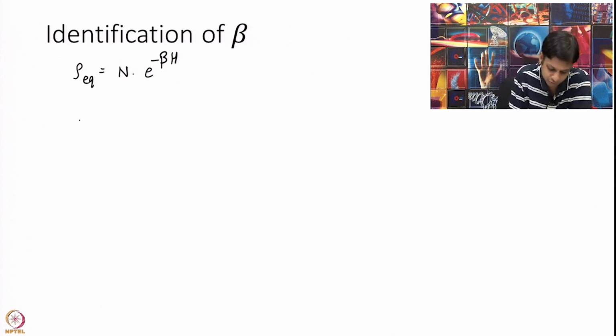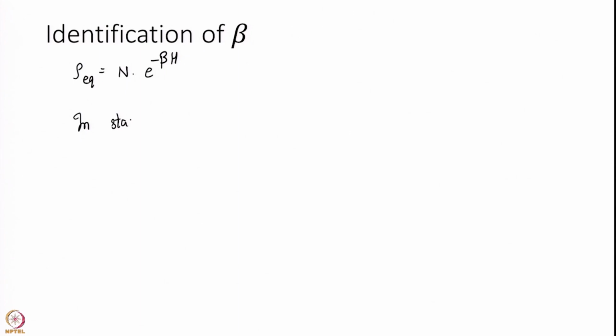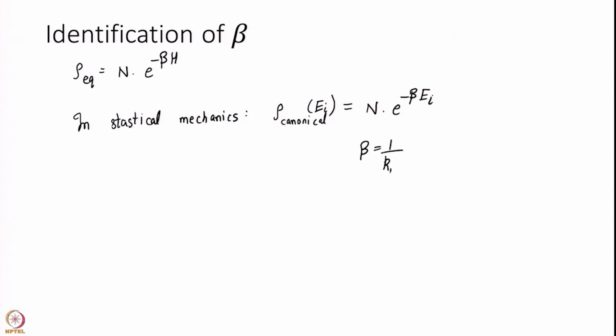In statistical mechanics, you must have seen the distribution from a different perspective for canonical ensemble. Some constant into e to the power of minus beta E_i at a particular E. In that statistical mechanics, beta was 1 over kT, where k is the Boltzmann constant.